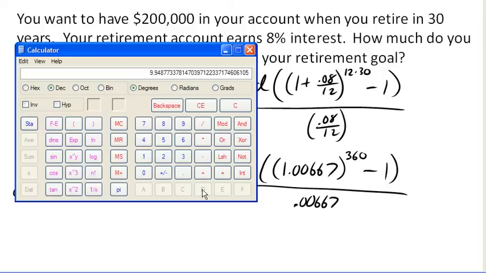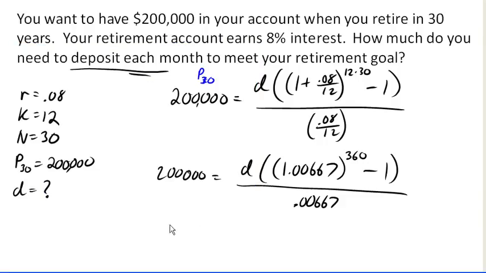Now I could write that down, but as long as it's in my calculator, I might as well go ahead and divide it by 0.00667. Gives me 1491.57, and so I have now 200,000 equals D times 1491.57.